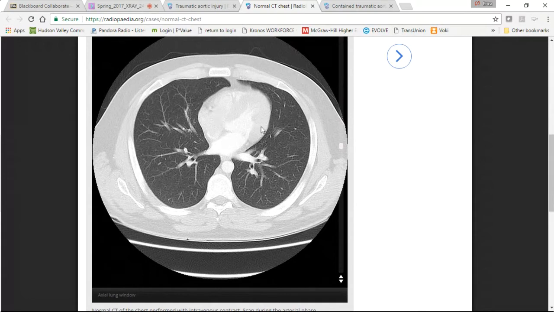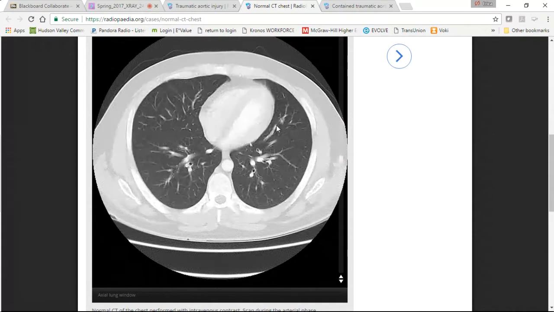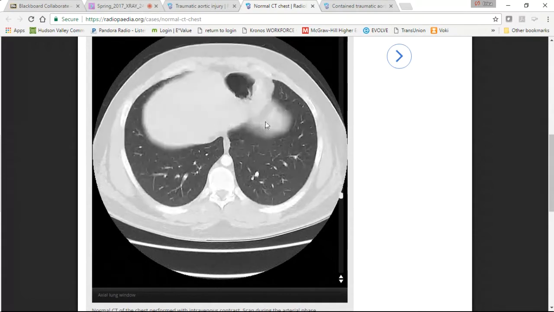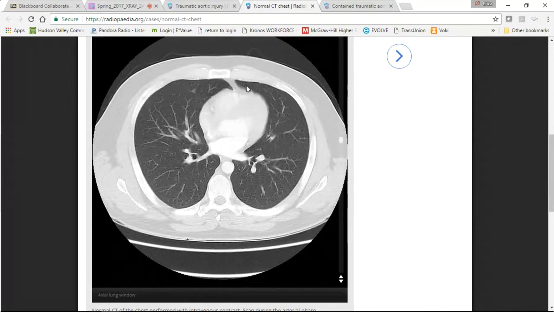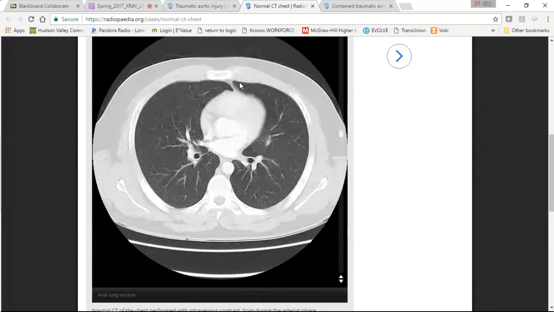Because your heart sits kind of to the left of your mediastinum. Cardiac notch. There's your cardiac notch. And then this kind of tongue-shaped piece of your left lung up here, that's the lingula of your left lung, okay? Something else you should be able to see on an axial slice.